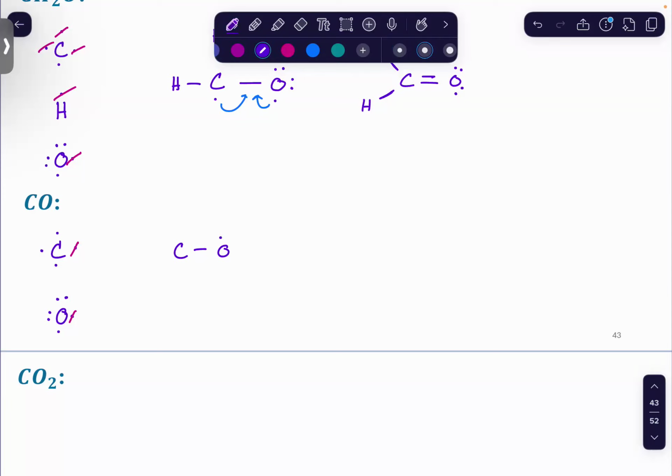Oxygen is going to get its 2 lone pairs, and then the 1 electron that wasn't used, carbon is going to get 1, 2, 3. And so carbon has 1, 2, 3, 4, 5 electrons around it. Oxygen has 1, 2, 3, 4, 5, 6, 7 electrons around it.